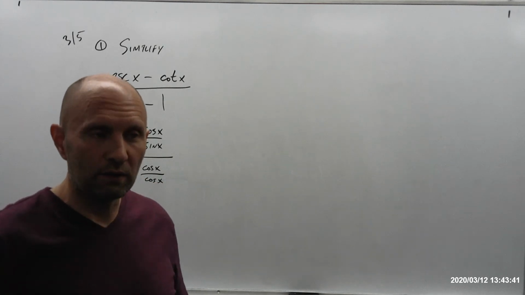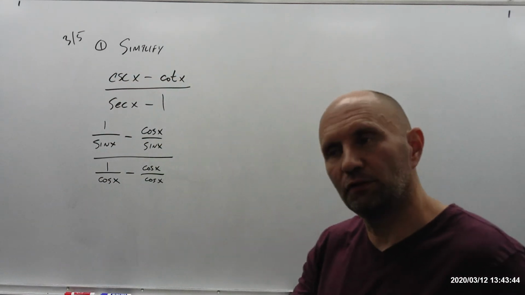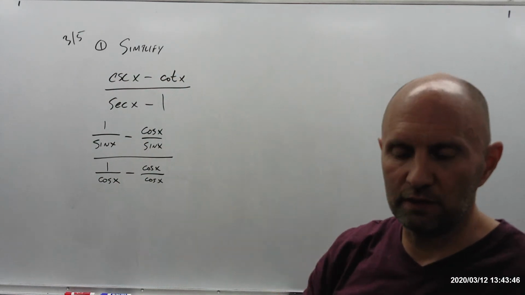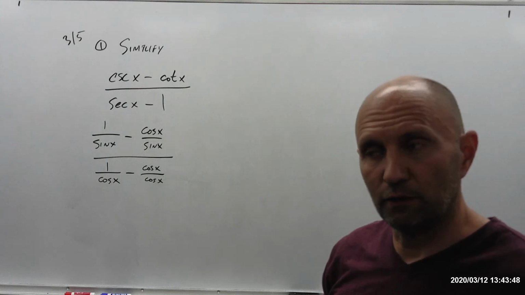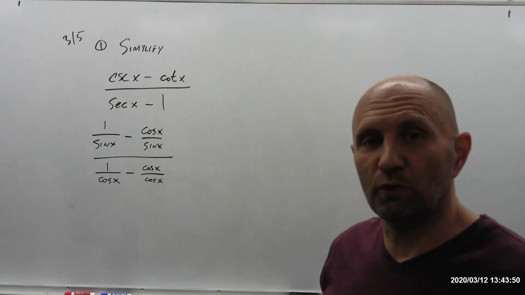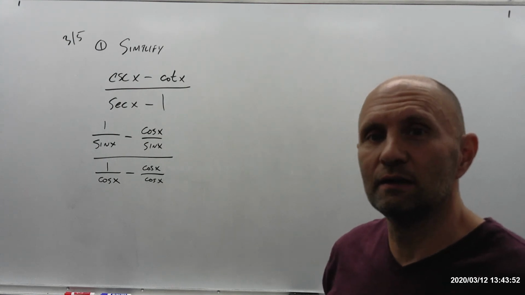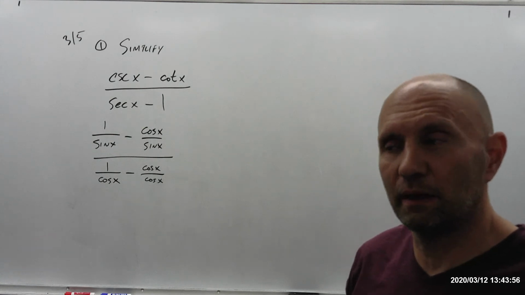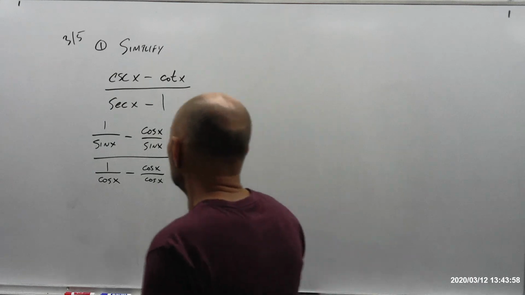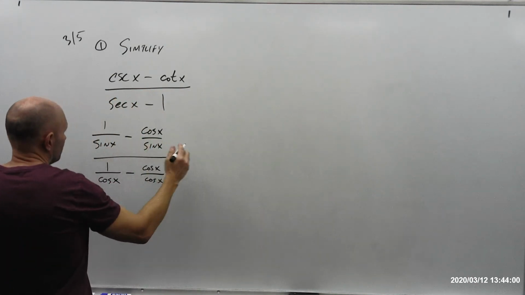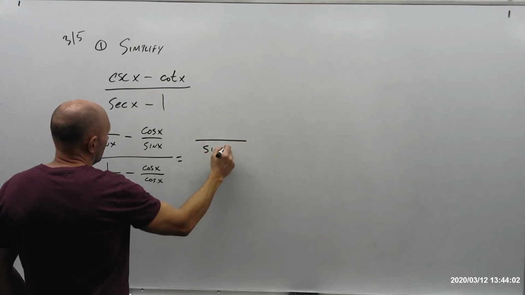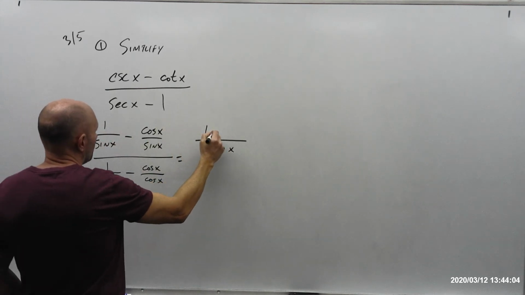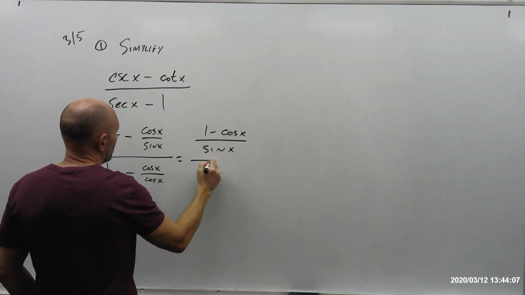Now, one way to do this: find the LCD, multiply everything by the LCD, simplify it from there. This one, though, is one of the few cases where it works nicely because of the values that we were given. Just combine the numerator, combine the denominator, keep, change, flip. Because the numerator already has sine as its denominator, I just do 1 minus cosine for the numerator.